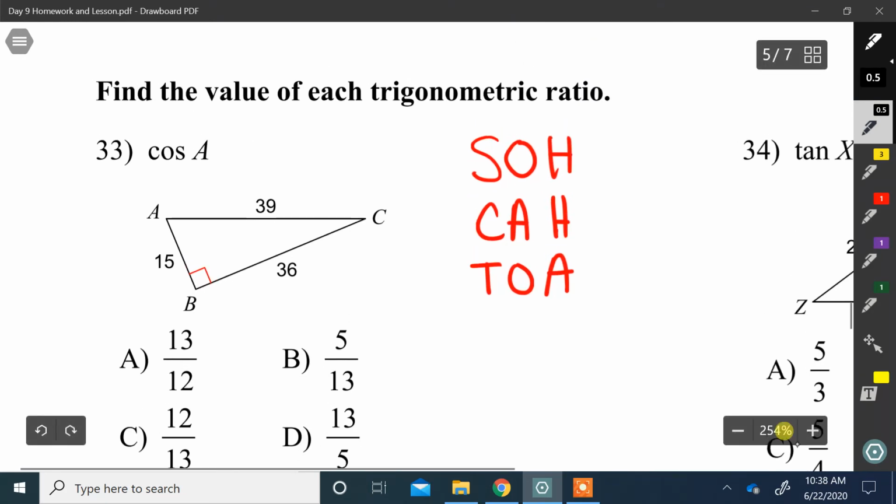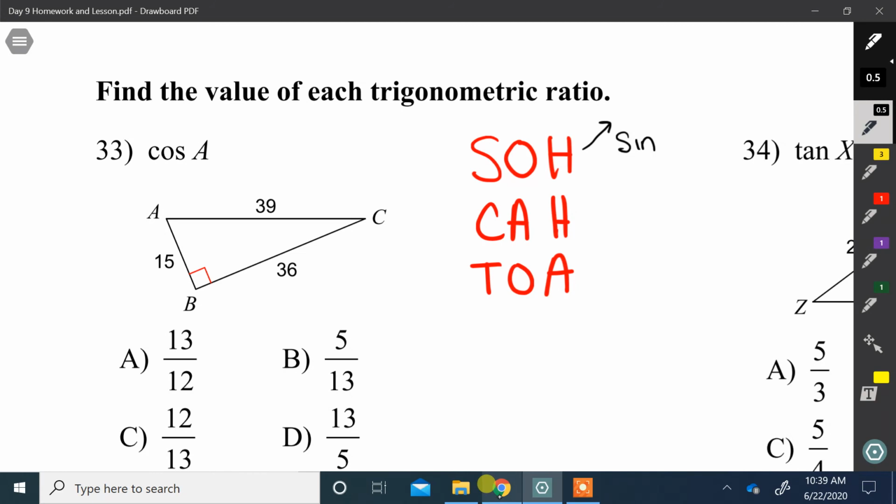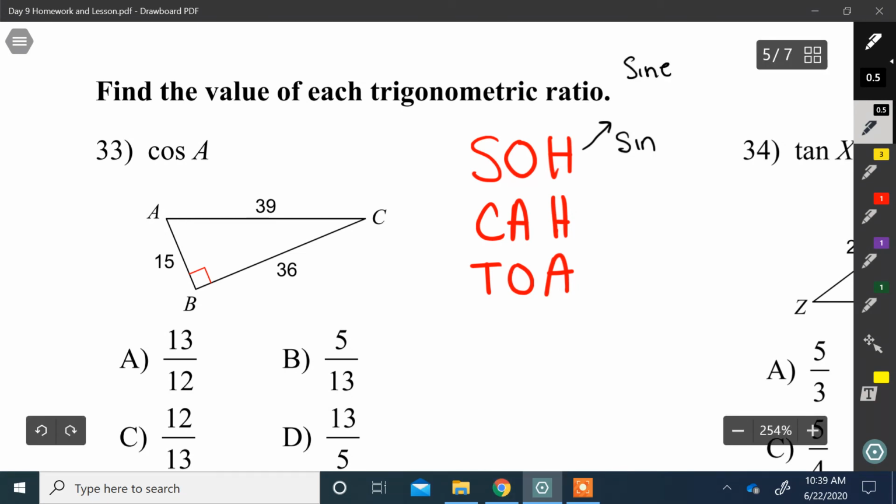Okay, so SOH stands for sine, an abbreviation for that right there, and sine of theta, where theta is the angle. Okay, and I'll explain that in a second again. Sine of theta is equal to the opposite over the hypotenuse.